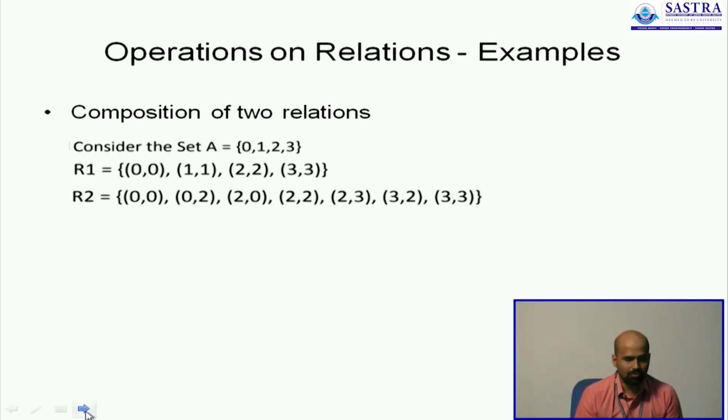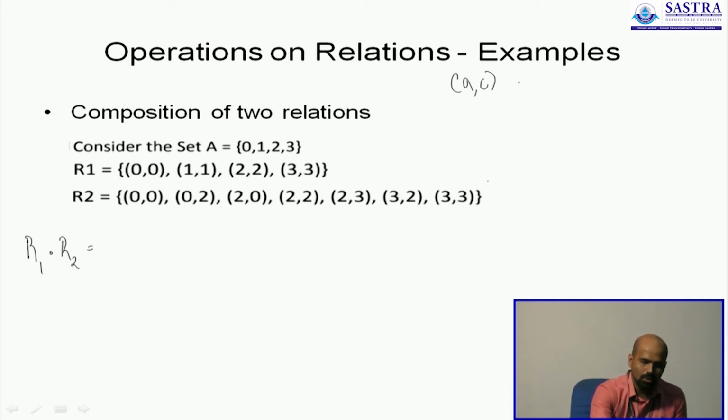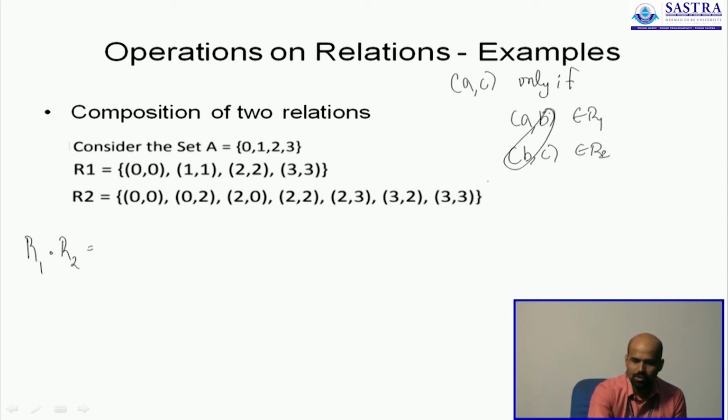The composition of relations R1 and R2. You will include a pair AC only if AB is in R1 and BC is in R2. So these two elements need to be same to pair up these two elements. That's how you define the composition.